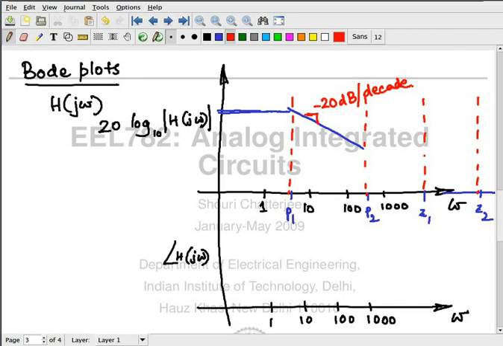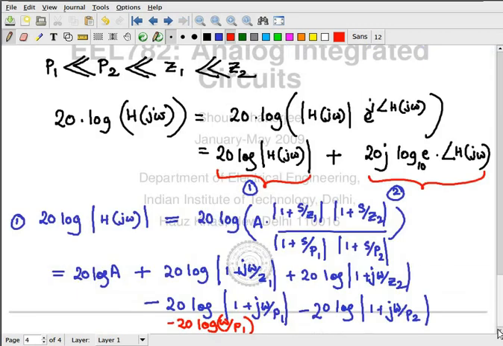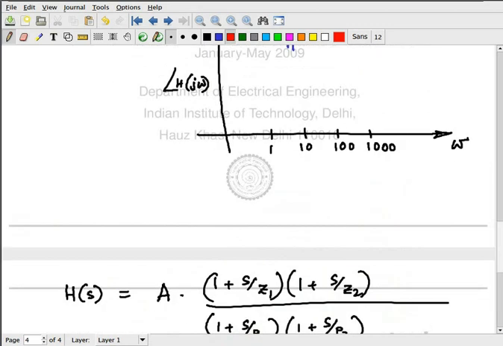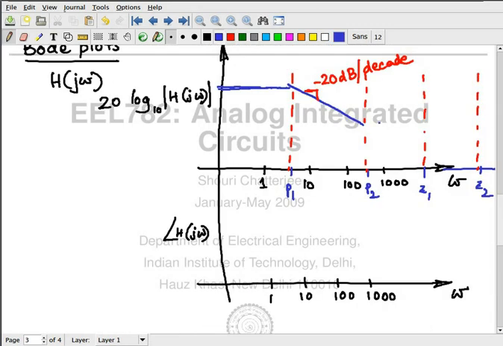Okay? Now when I hit P2, what happens? Another pole comes into the picture and now I get a slope of minus 40 dB per decade. What happens when I hit Z1?